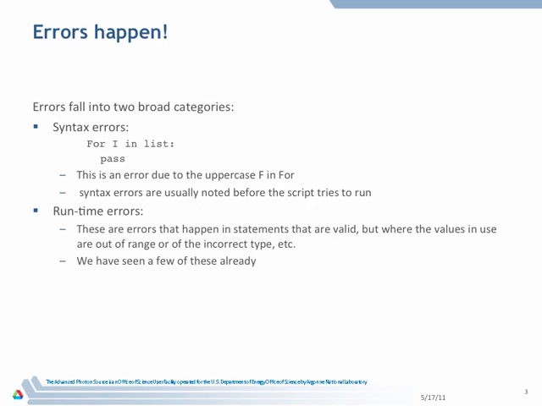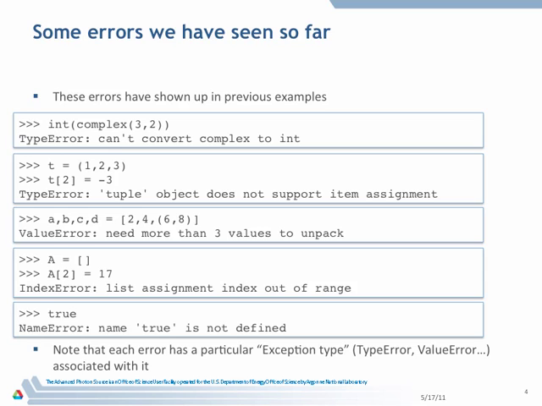If you try to ask for the arcsine of 2, you're going to get an error because arcsine is defined from -1 to 1. Likewise, if you try to divide by 0, at least in the normal math library, you'll generate an error. So we've seen a bunch of errors already, and I just went back over the notes of what we've done and picked the ones out where we did something that generated an error.